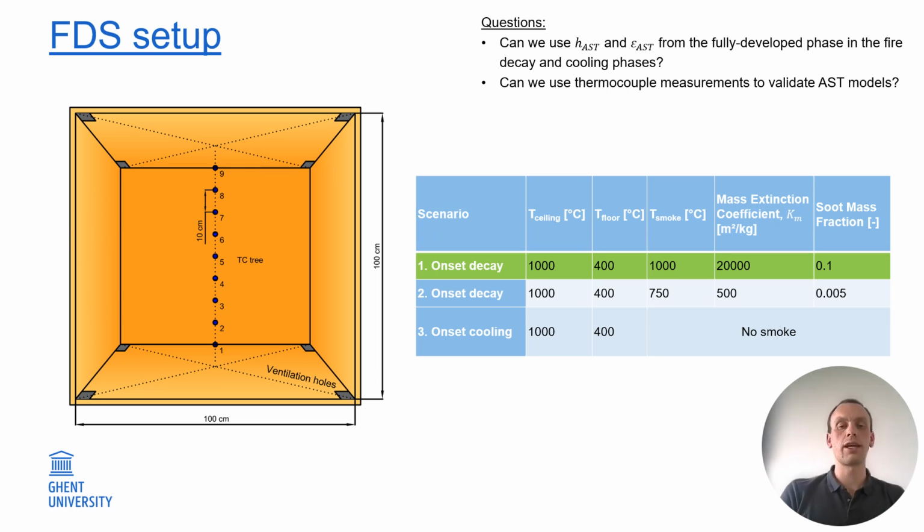And the scenario we're looking at, you could call it the onset of the decay phase, is a scenario in which we have a ceiling temperature of 1000 degrees Celsius, a floor temperature of 400 degrees Celsius, and a smoke that's initially optically very thick and also at a high temperature, the same temperature as the ceiling.